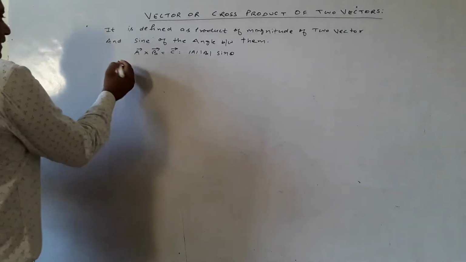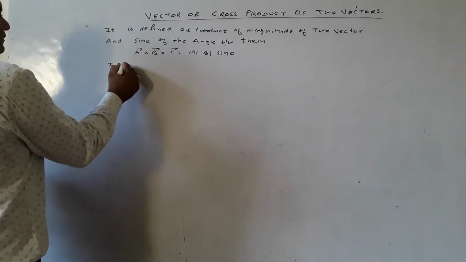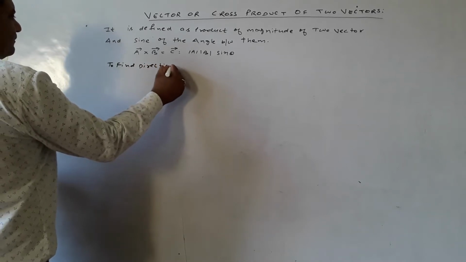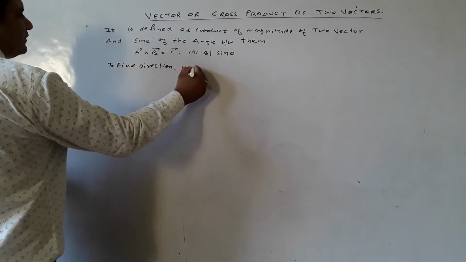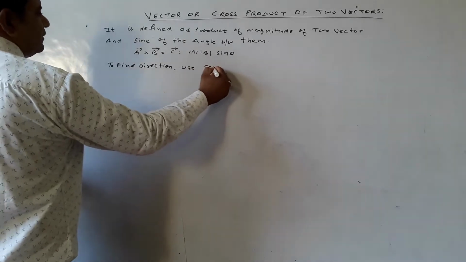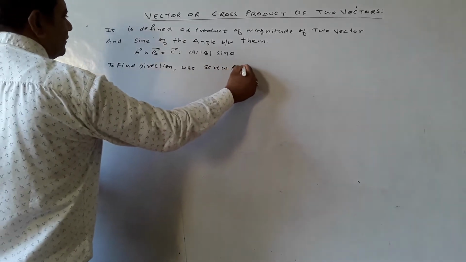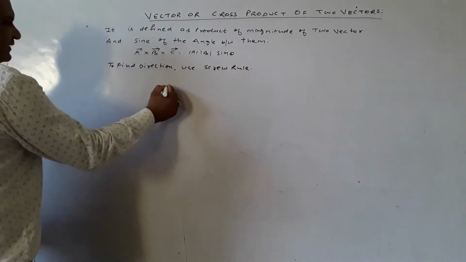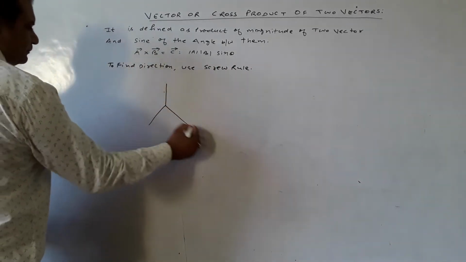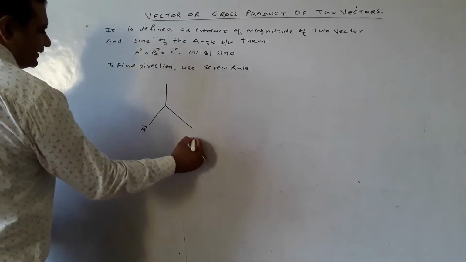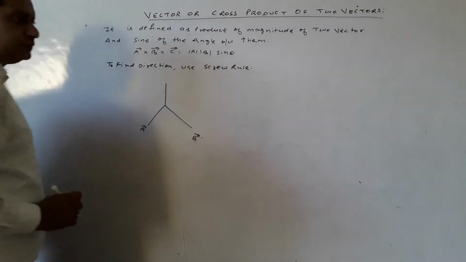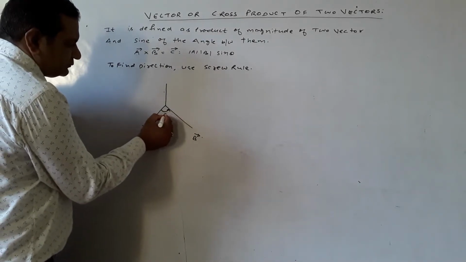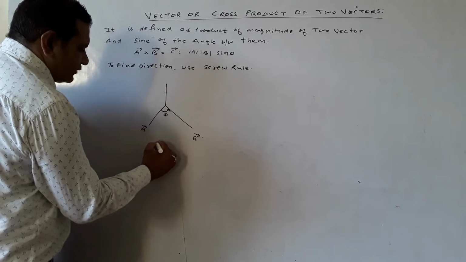Now, to find the direction, use the screw rule. Suppose this is vector A and vector B. The angle between them is theta and it is anti-clockwise.